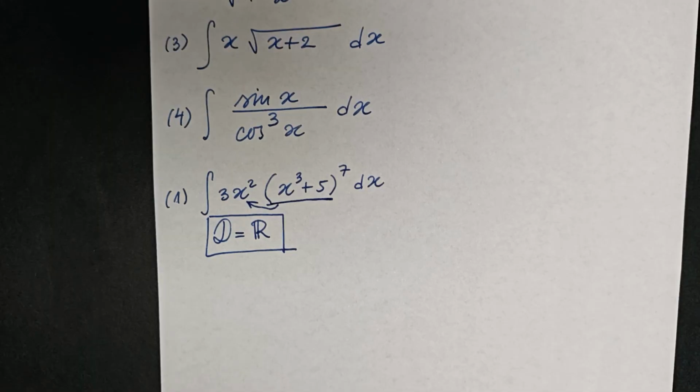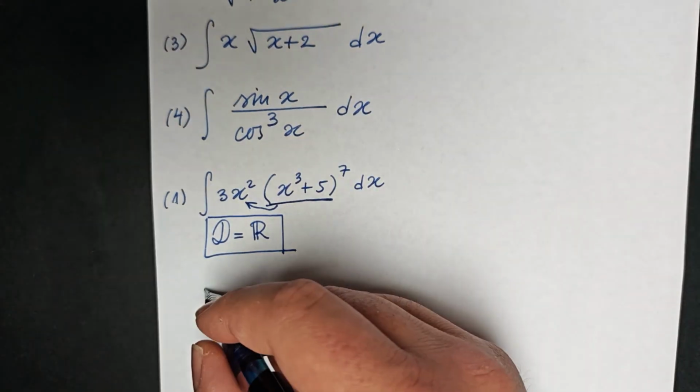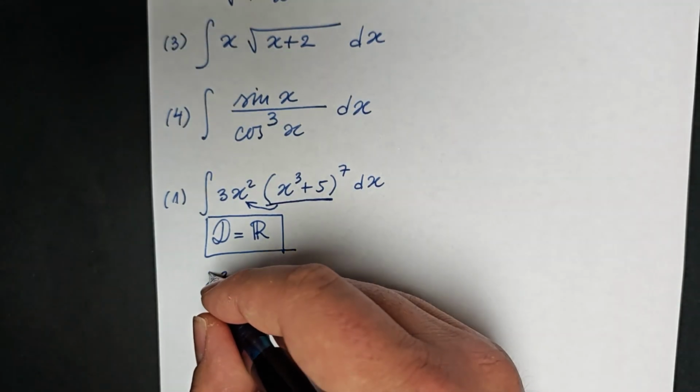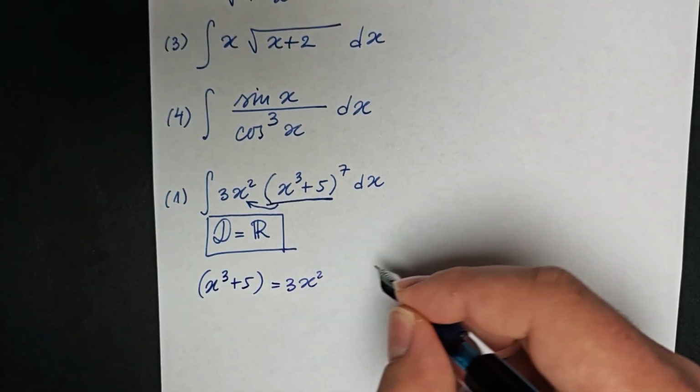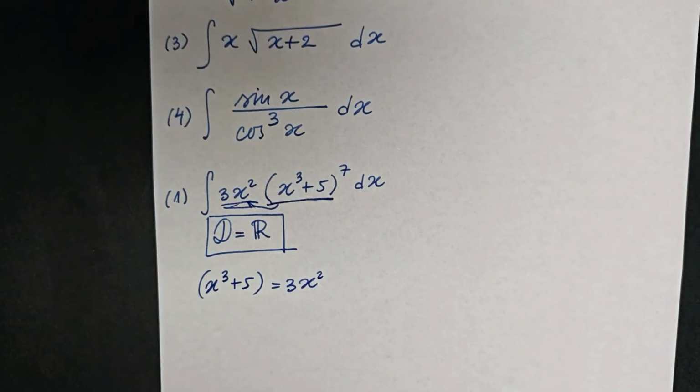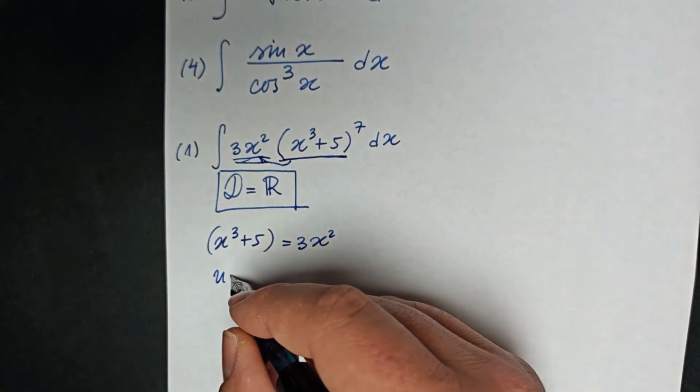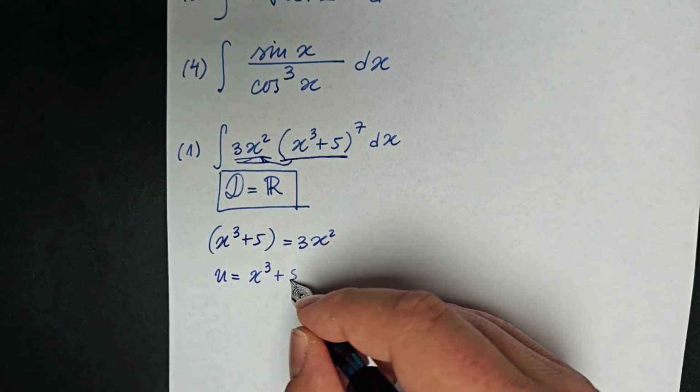When using a U-substitution, an important fact that will always remain true is that the integral will have some function and the other part of that integral will be the derivative of that function. Notice here that the derivative of x cubed plus 5 is equal to 3x squared, and you already have 3x squared here. This gives you an intuition that you should pick for the U-substitution this term x cubed plus 5.